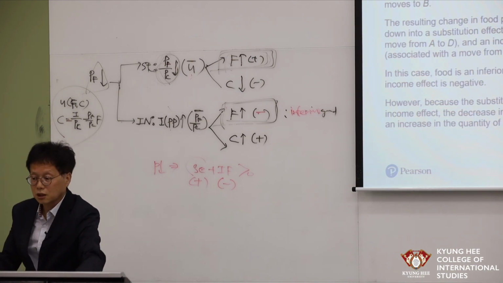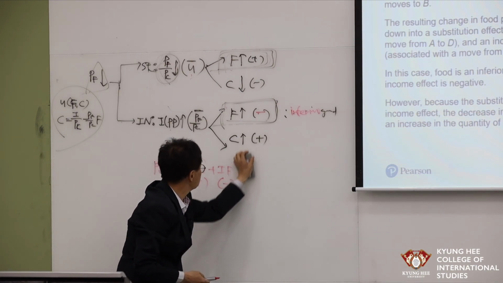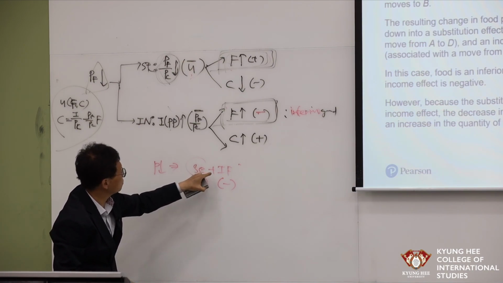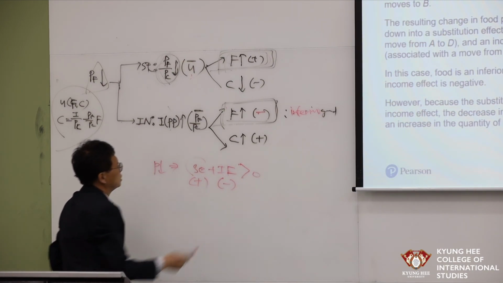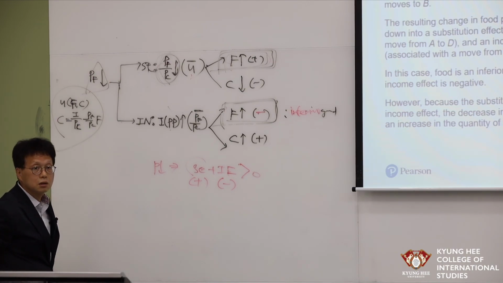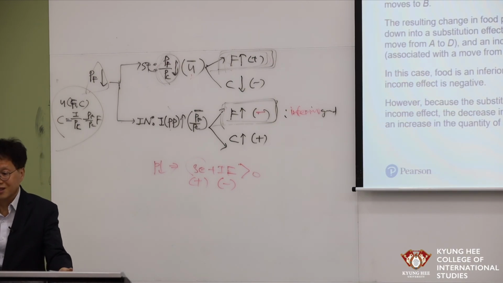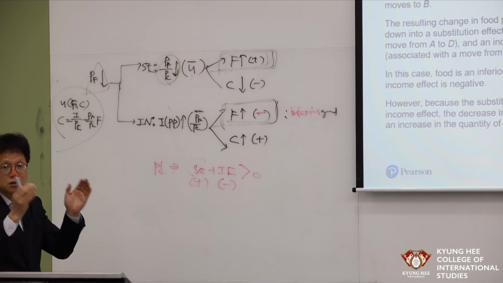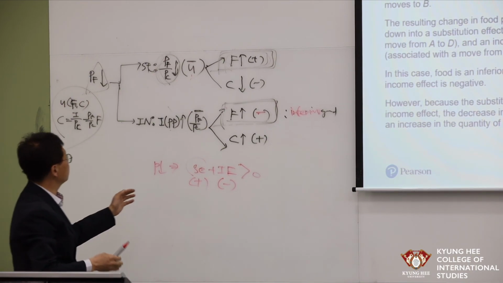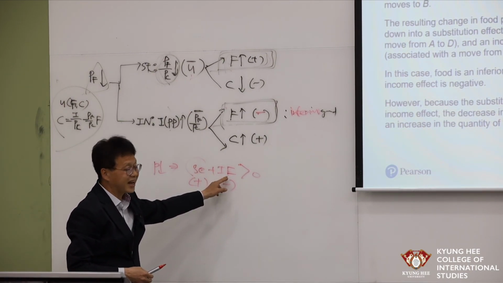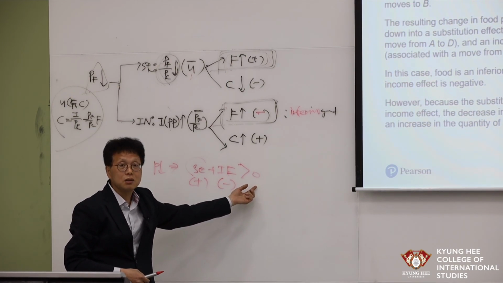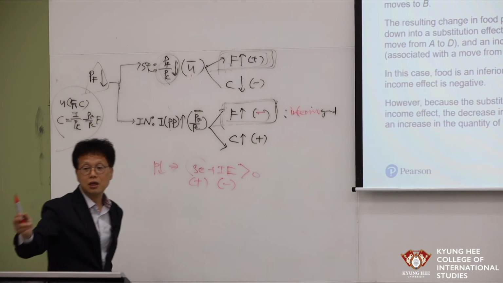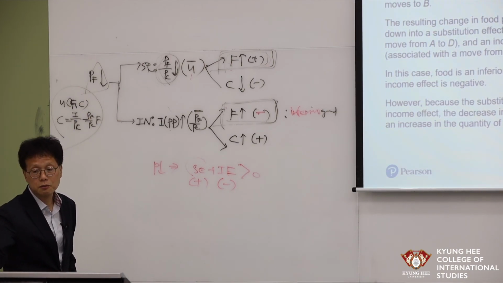But still, substitution effect plus income effect is positive. In other words, in this case, the impact of the substitution effect is stronger than the negative income effect. So the total effect is still positive. That is the case of figure 4.7.